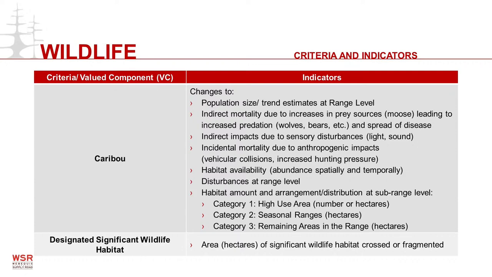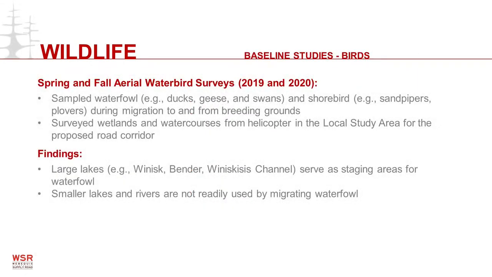And next slide. Basically, this just provides you an example of some of the baseline data that we've been collecting and some of the results or observations that we've made. So we've conducted spring and fall aerial water bird surveys in 2019 and 2020, sampled waterfowl and shorebird, done population estimates based on observations as they migrated to and from their breeding grounds in the spring and in the fall.